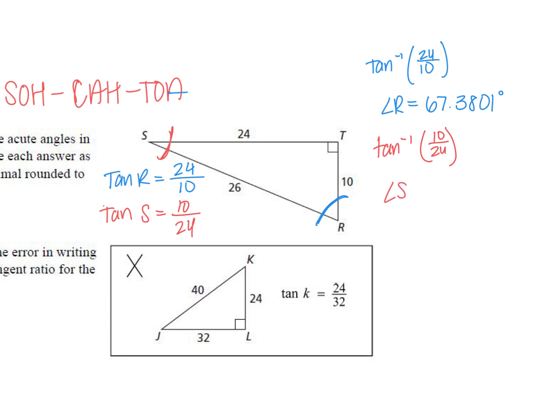For angle S, what are you going to get? What do we get for S? Do you guys have your calculators? All right, if you do have a calculator, you need to be plugging them in. 22.6199 degrees.